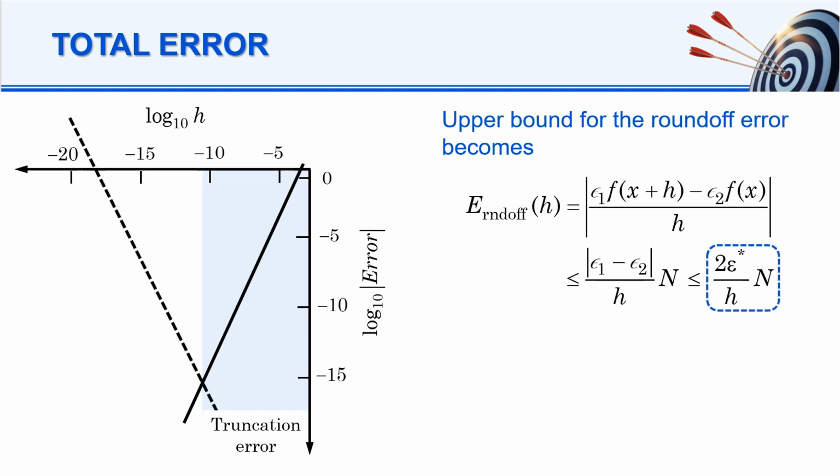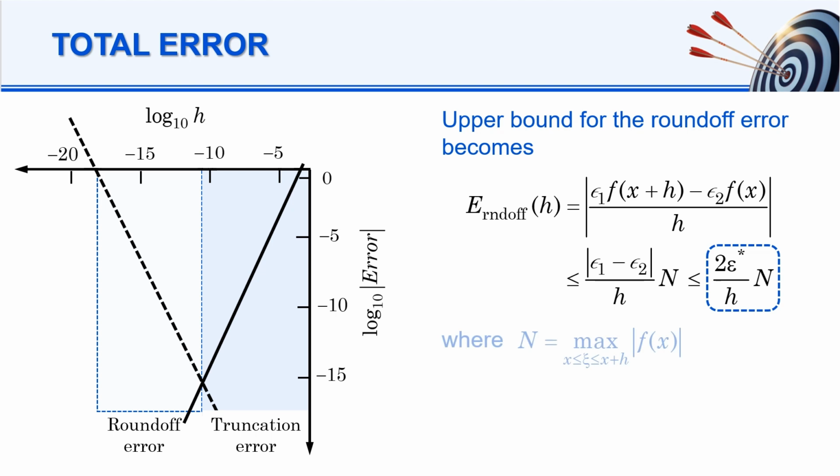Thus, we cannot estimate the absolute value of their difference accurately. If epsilon 1 and epsilon 2 have opposite signs, the magnitude of the difference could be doubled. We note that in the region dominated by round-off error, the error is inversely proportional to h. For large h, it is initially very small, but then increases for decreasing h.